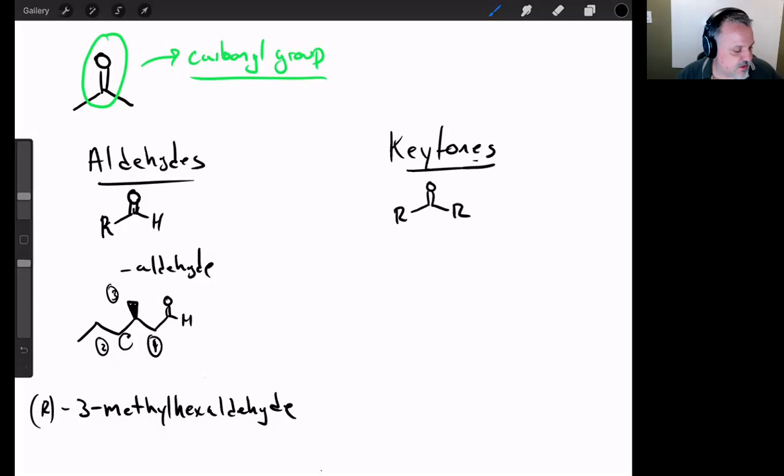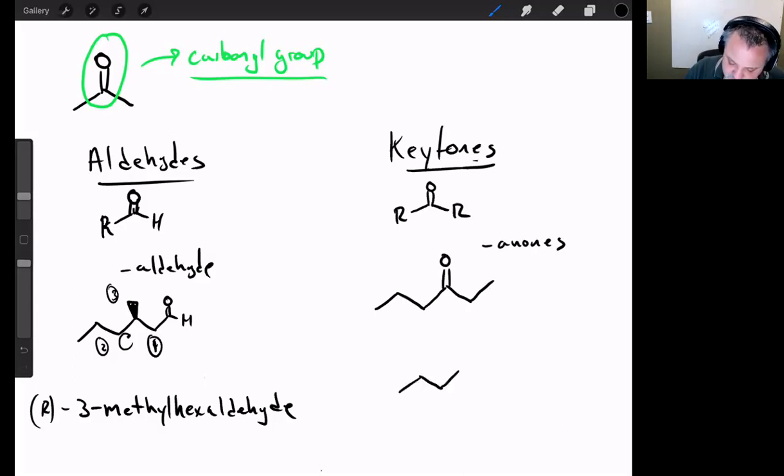Ketones are named as -anones. So if I had six carbons, 1, 2, 3, 4, 5, 6, and I put the ketone in the middle, I first realized that I can make it a ketone with six carbons, and the ketone can be in a lot of different locations.